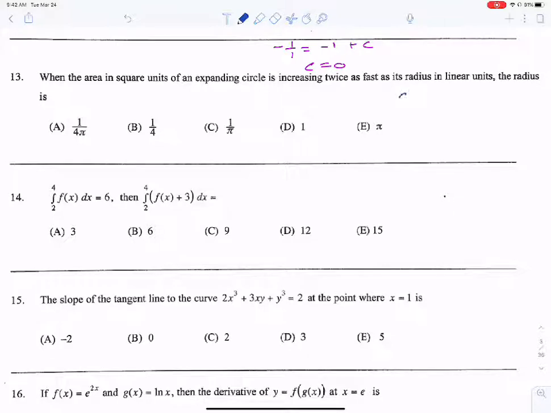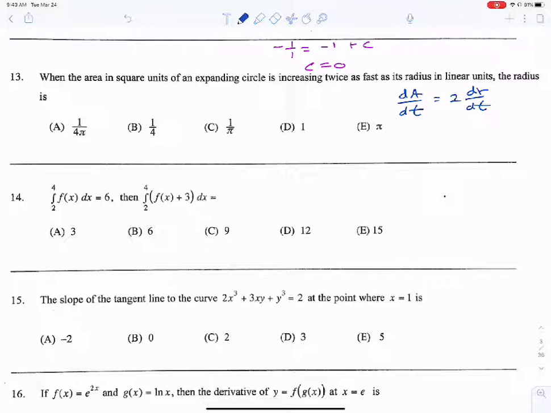So in other words, I'm saying dA dt, right? The area is changing twice as fast as its radius. So it equals 2 times the rate of change of the radius. Now, I don't know if I'm going to need this yet, but that's what that first part is saying, right? The area is increasing twice as fast as the radius in linear units. So we want to know when that is.